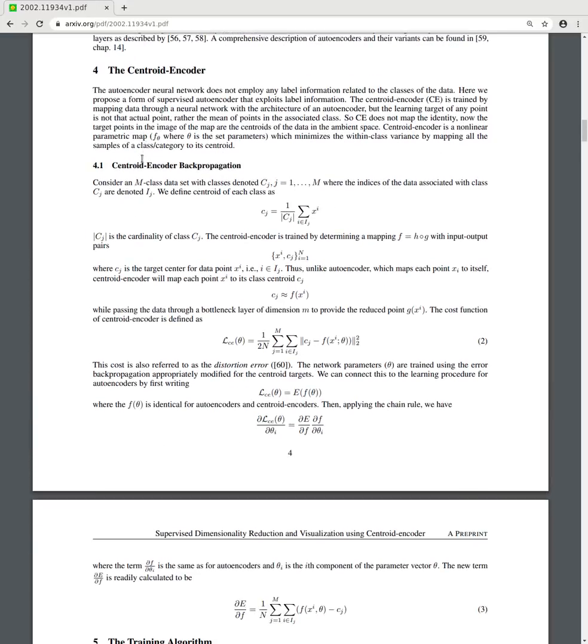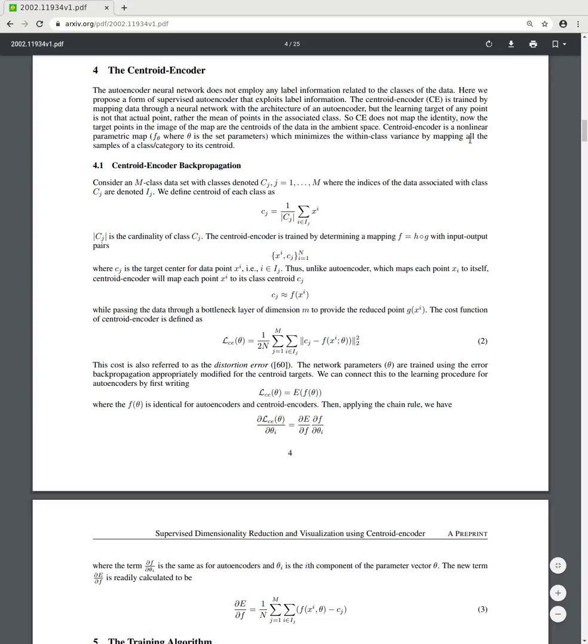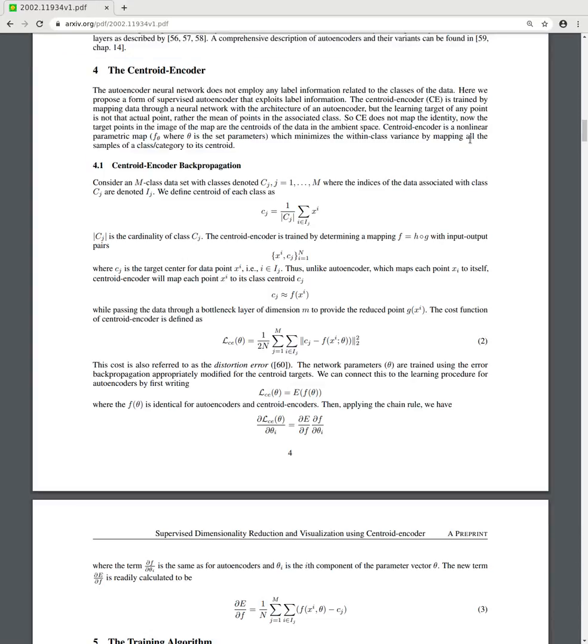Centroid-encoder. The autoencoder neural network does not employ any label information related to the classes of data. Here, we propose a form of supervised autoencoder that exploits label information. The Centroid-encoder is trained by mapping data through a neural network with the architecture of an autoencoder, but the learning target of any point is not the actual point, rather the mean of points in the associated class.